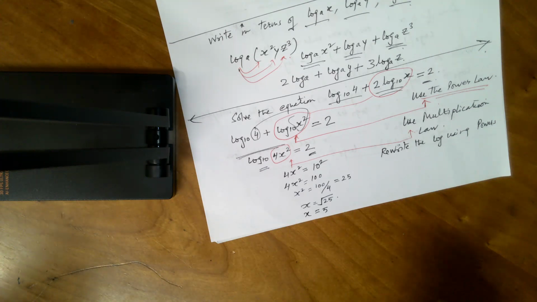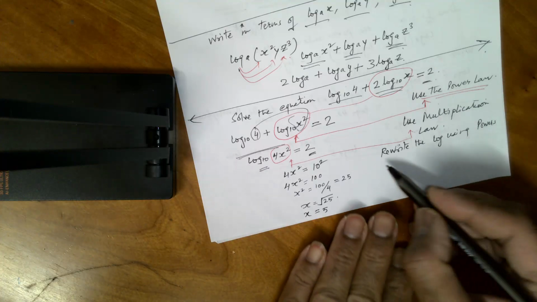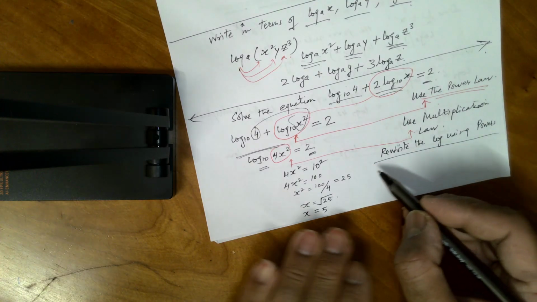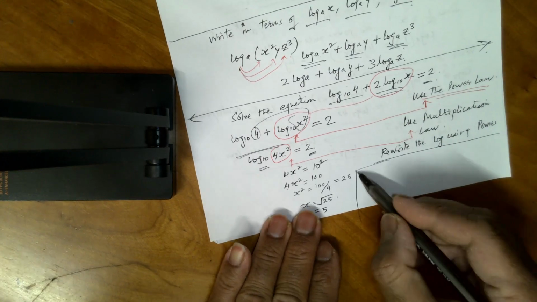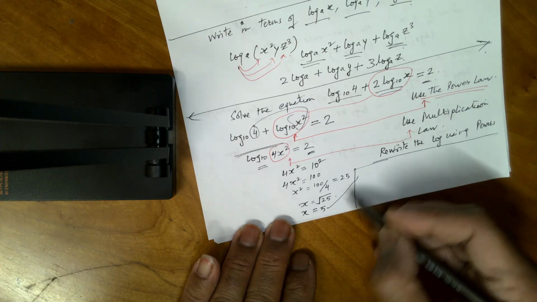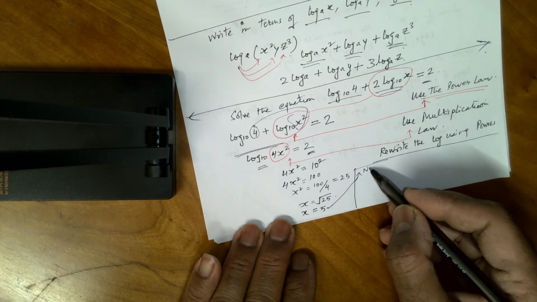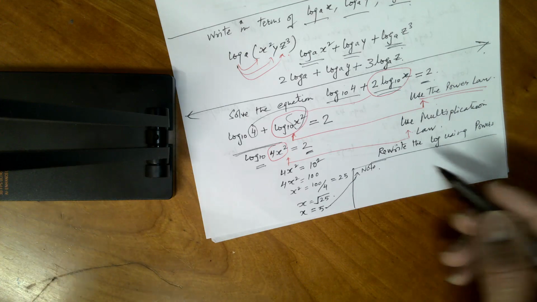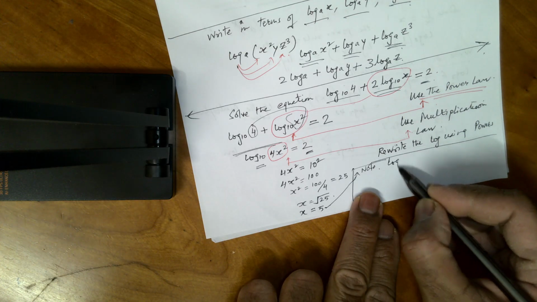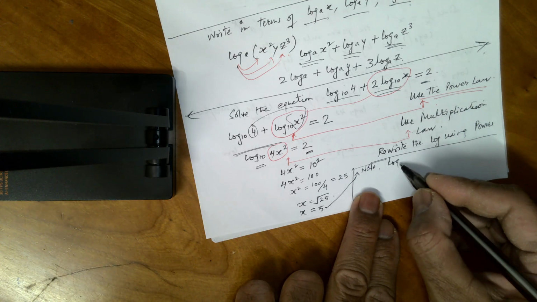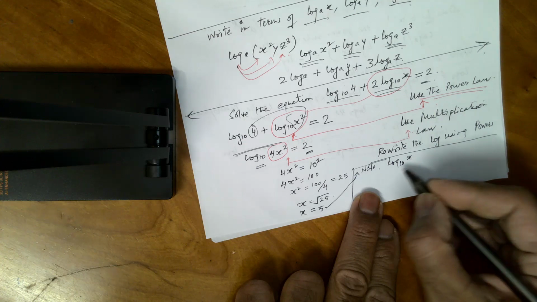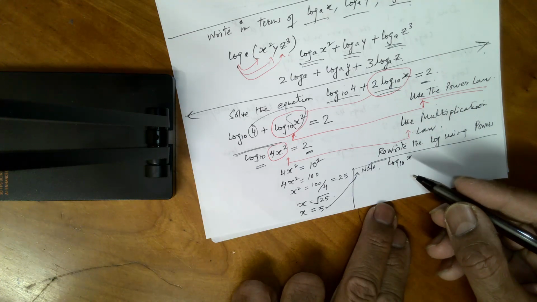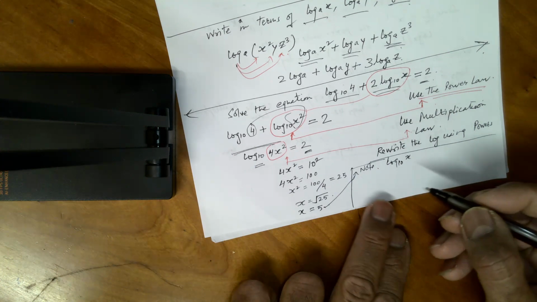So I would like to make a very short note here for you. Remember that, please, because the logarithm of x with base 10 is only defined for positive values.